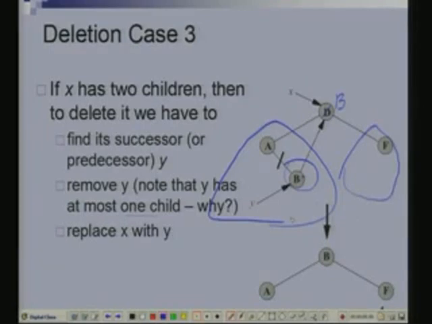Any questions on this? I see some frowns. What don't you understand? Yes? Sir, if b has one child, then we have to replace the root of the left subtree of b to b.